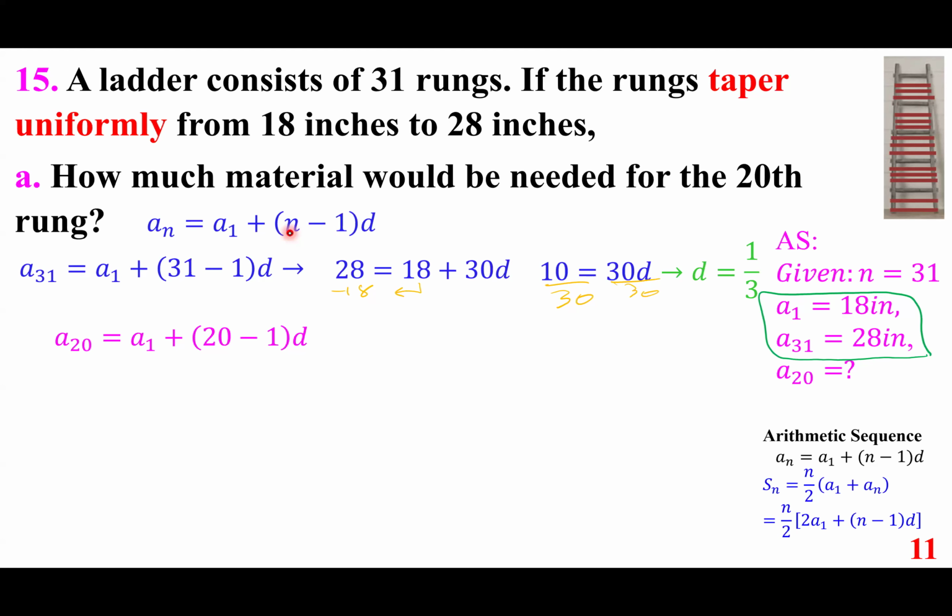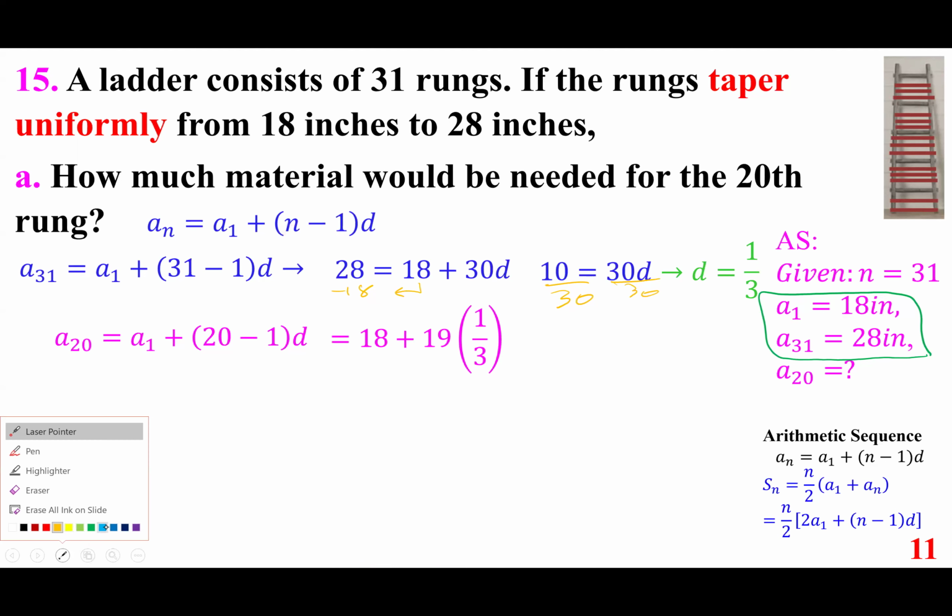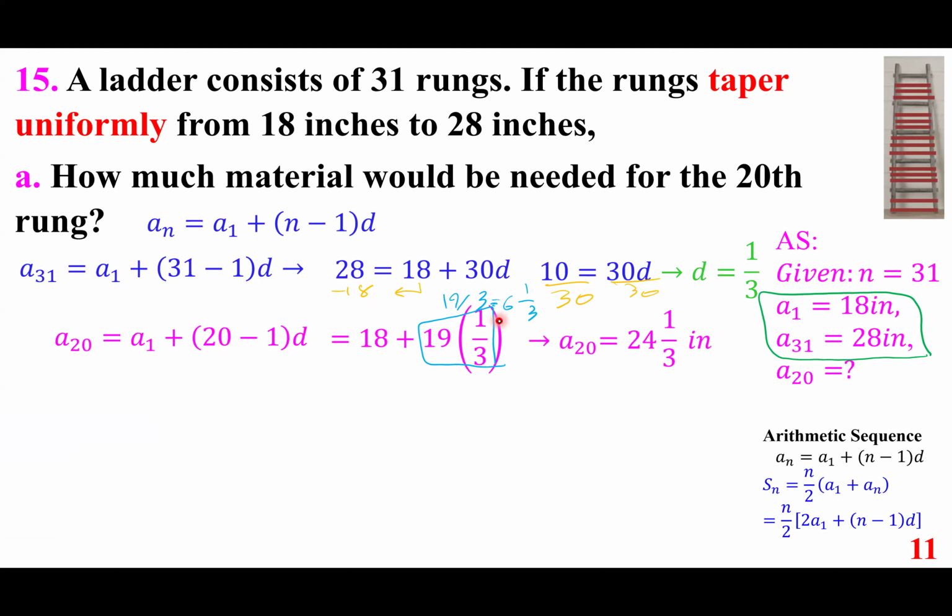A sub 1 is 18 plus 20 minus 1, 19 times 1/3. Of course, this is 19/3, or 6 and 1/3. 18 and 6, 24. 24 and 1/3 of an inch. So that's pretty straightforward.